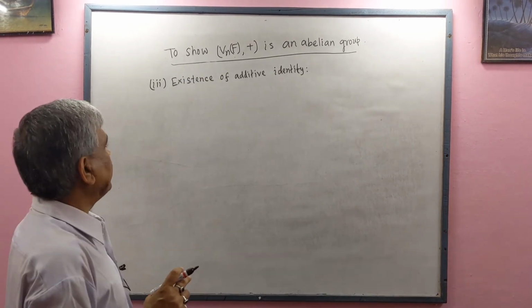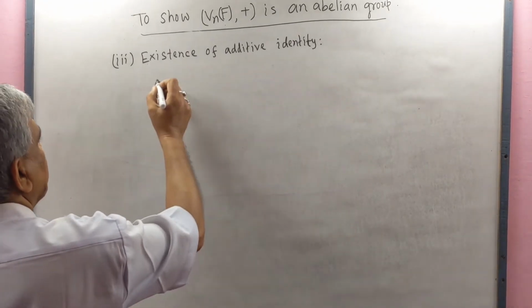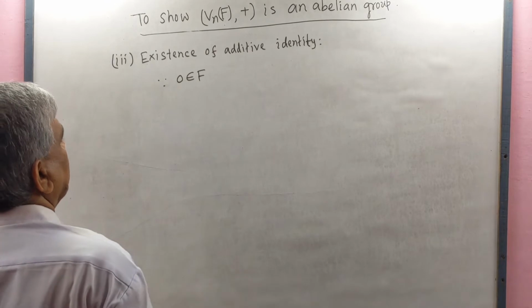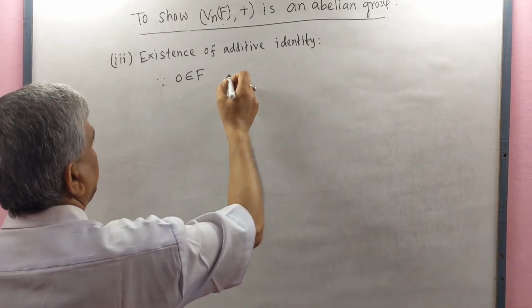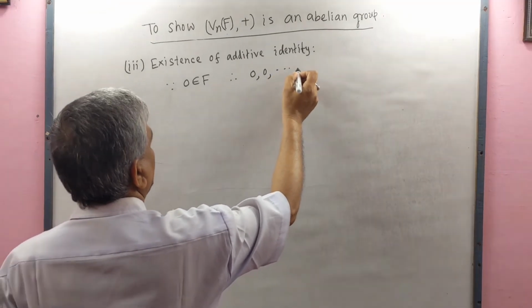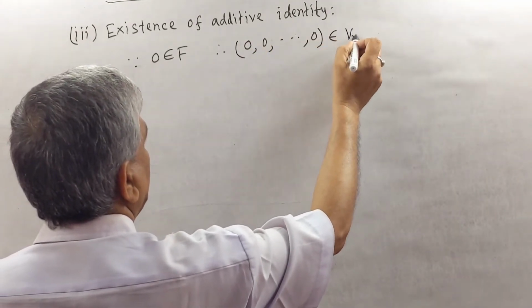Now we show the existence of additive identity. Since 0 belongs to F, therefore the n-tuple (0, 0, ..., 0) belongs to V_n(F).